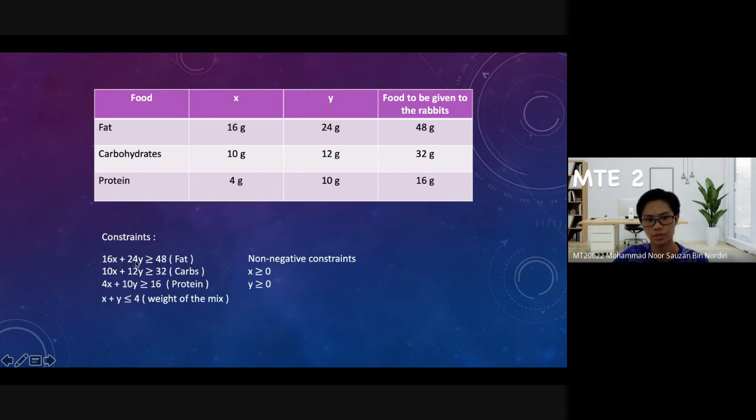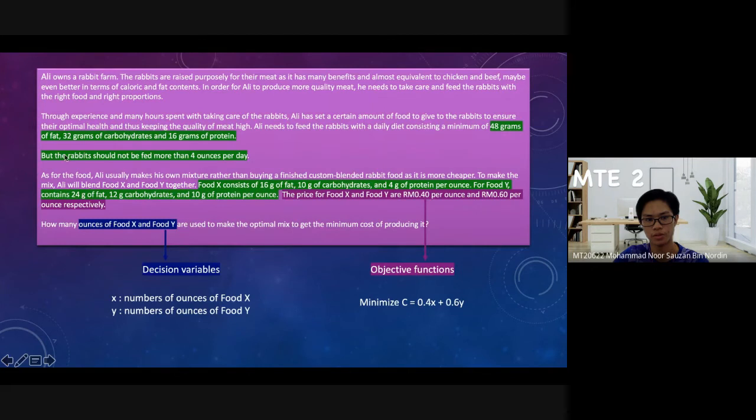16x plus 24y greater than or equal to 48 for the fat, 10x plus 12y greater than or equal to 32 for the carbohydrates, 4x plus 10y greater than or equal to 16 for the protein. There is also one line that mentioned that the rabbits should not be fed more than 4 ounces per day.